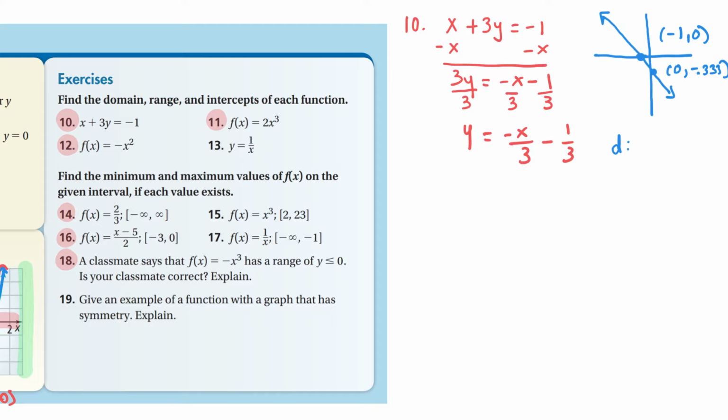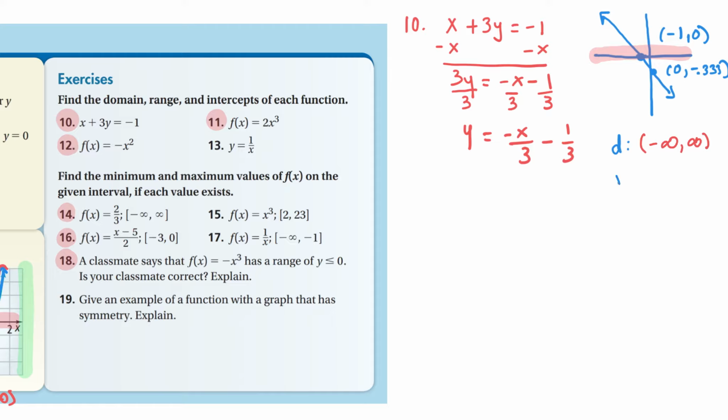What is a domain? Remember that the domain is the set of x values, and you notice that it goes forever from left to right. So it's actually from negative infinity to positive infinity.